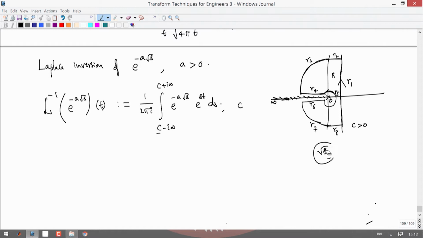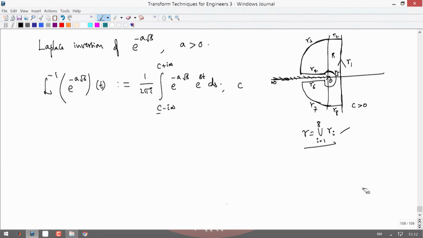So, you have a gamma that is composed of the union of all these gamma i's, i from 1 to 8. So, that is your closed contour. What I do is I consider to evaluate this integral, the integral of e power minus a root s times e power s t ds over gamma.